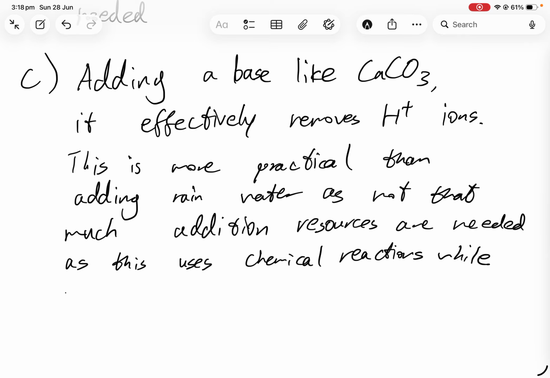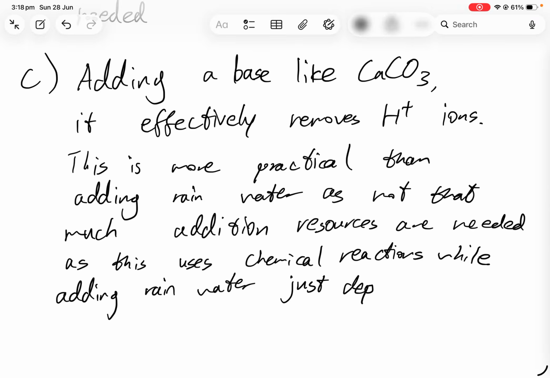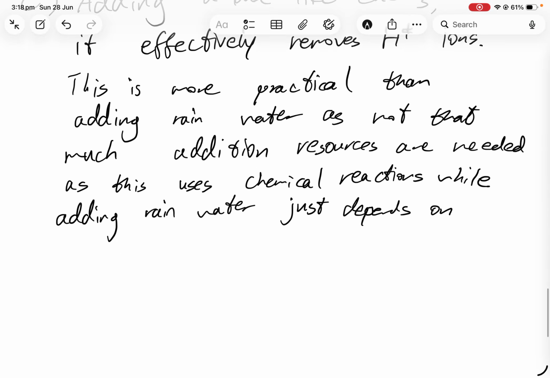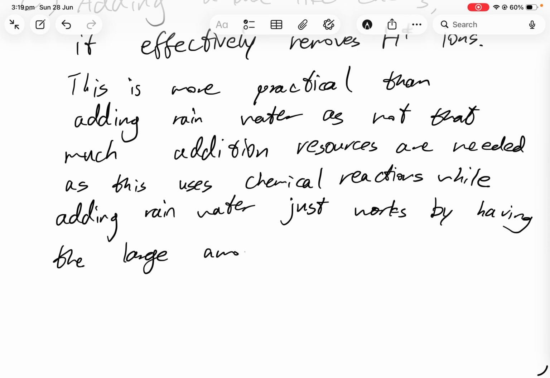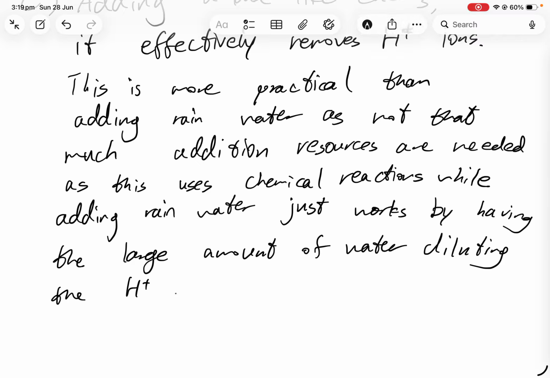while adding rainwater just works by having a large amount of water diluting the H plus ions, which is inefficient.